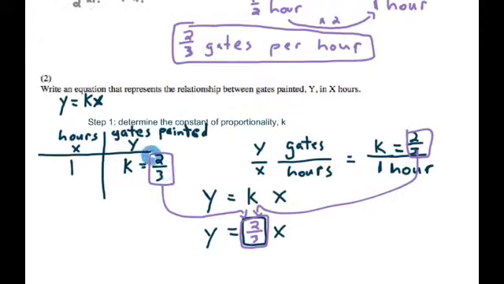So we can bring that from wherever we found it. But the equation is Y equals 2/3 X. So the gates painted is equal to 2/3 gates for every 1 hour, X.